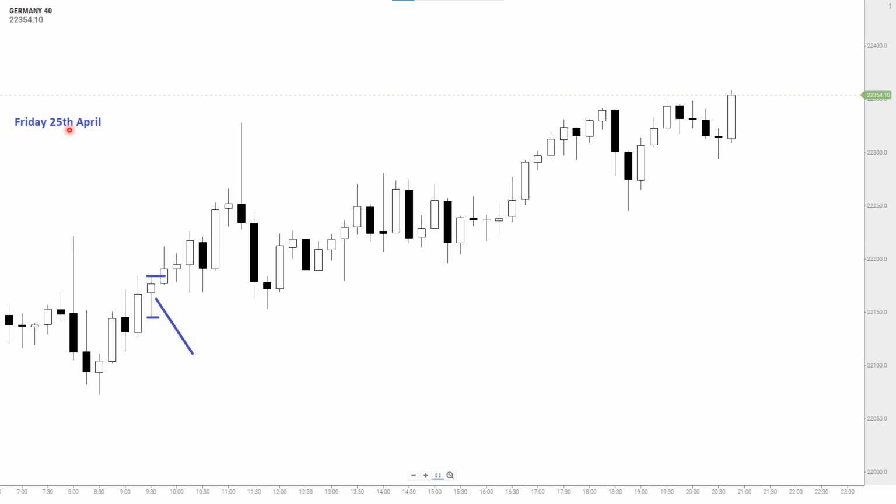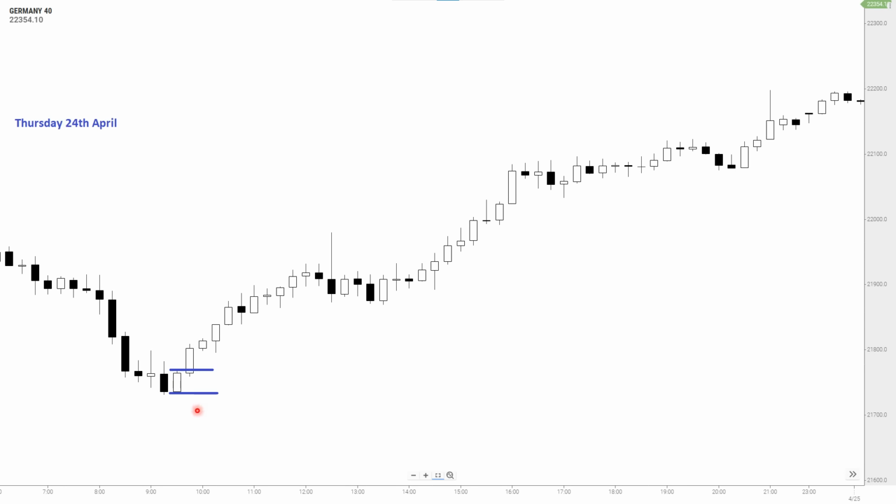So this was Friday. I'd like to show you Thursday, which was an astounding example. The market breaks out above the Brunch Break bar, and of course the Brunch Break bar is the result of many hours of research into what bar is likely to change the market.